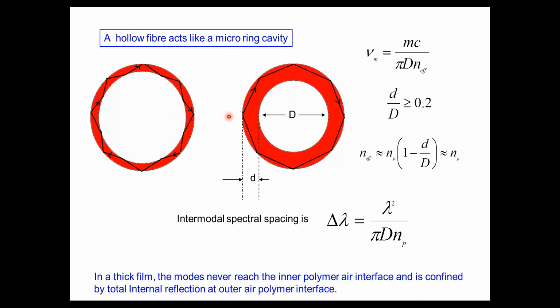But remember that this is a cross section. Here the polymer layer thickness is somewhat larger. So in this case, this reflection cannot reach the inner boundary, but it circulates something like this.